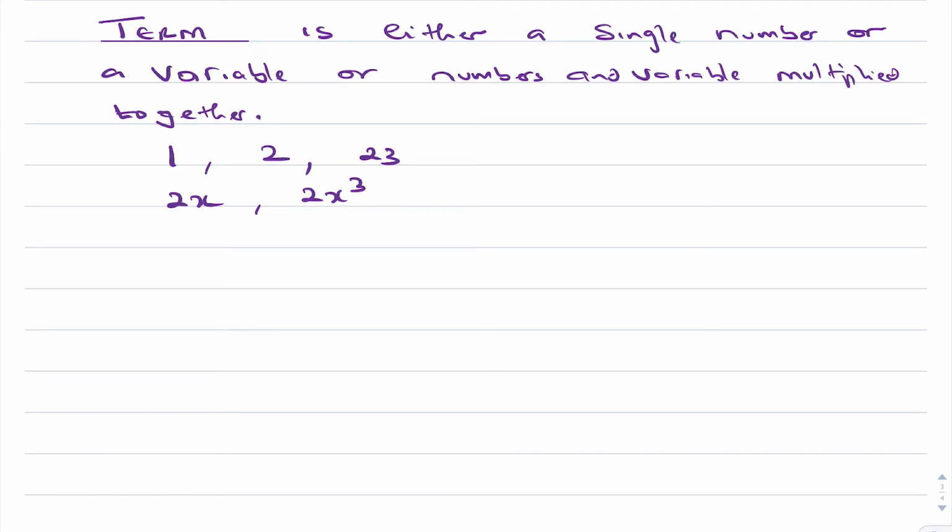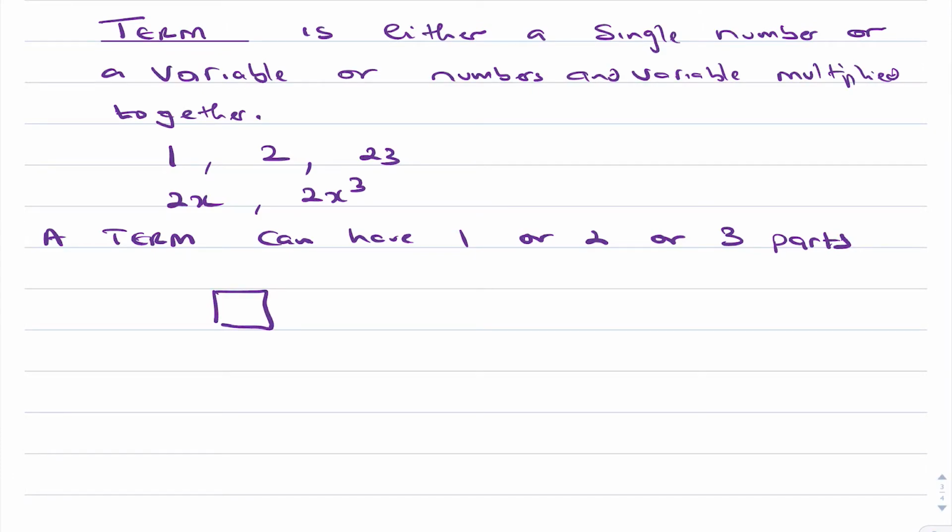So really, a term can have one, two, or three parts to it. You get one part like that, another one, and one on top there.